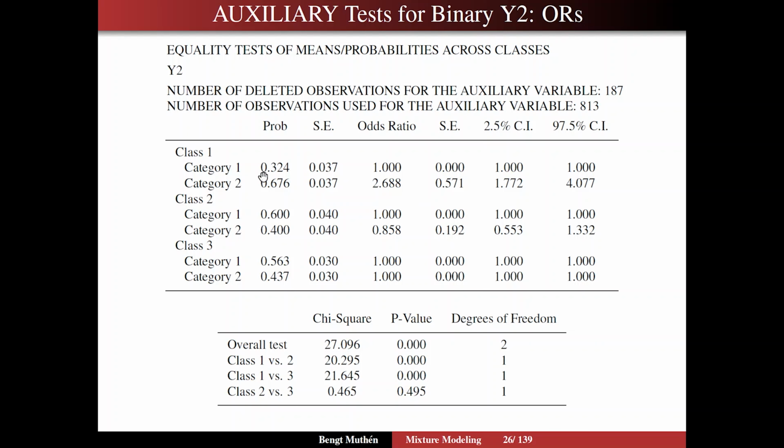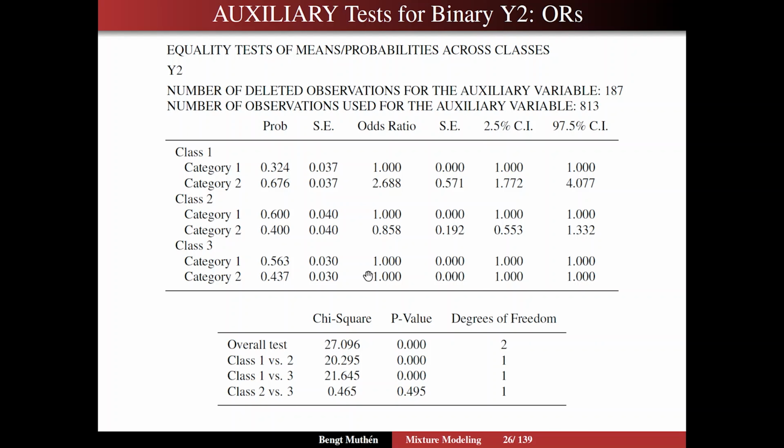Well, it's the distal outcome with its 2 categories and the latent class variable. And we compare each class to the last class. So each category here is the second category compared to the first, and the classes are compared to the last class. So the odds ratio is 1 for the last class here.